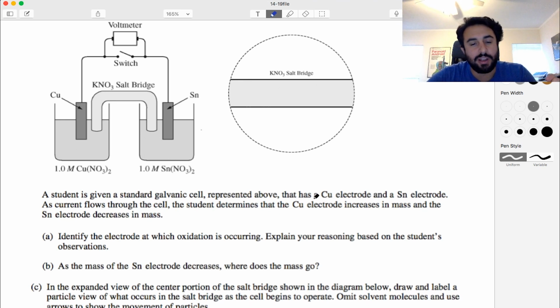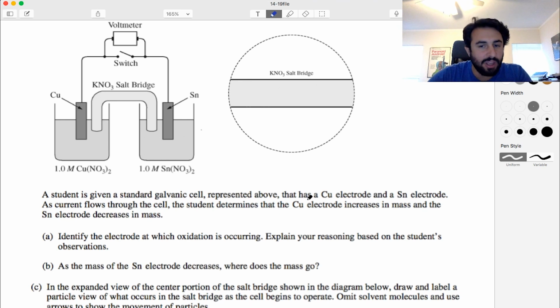So what is happening? What is oxidation, first of all? Oxidation is a loss of electrons. So clearly at one of these electrodes, we have neutral atoms that are being oxidized to form ions that then fall off of the electrode and enter solution, right? So that's why the mass is decreasing.